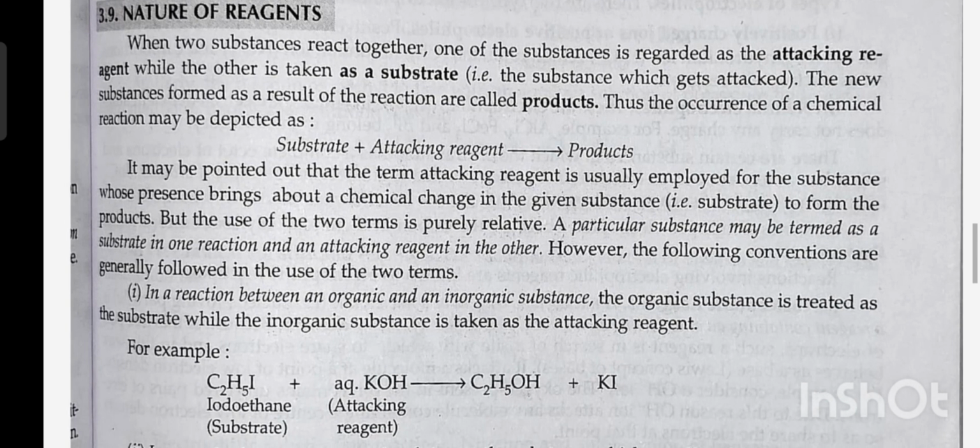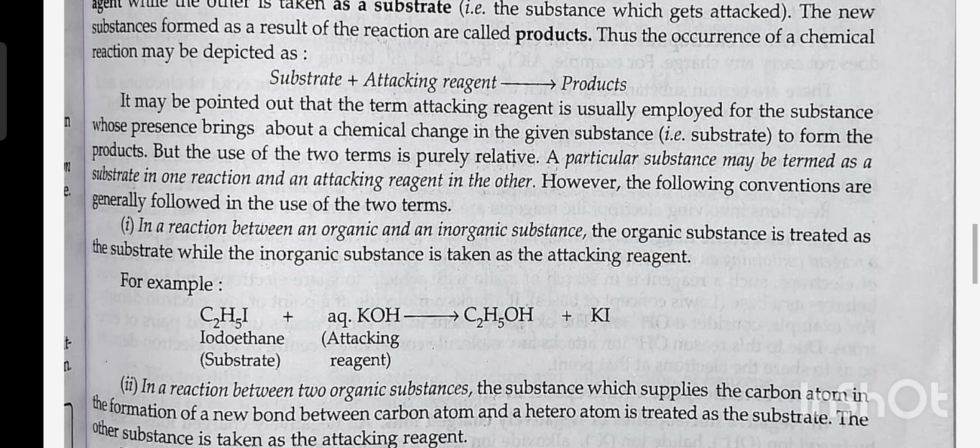It may be pointed out that the term attacking reagent is usually employed for the substance whose presence brings about a chemical change in the given substance, the substrate, to form the product. But the use of the two terms is purely relative. A particular substance may be termed as a substrate in one reaction and an attacking reagent in another. However, there is a general convention followed in the use of the two terms.